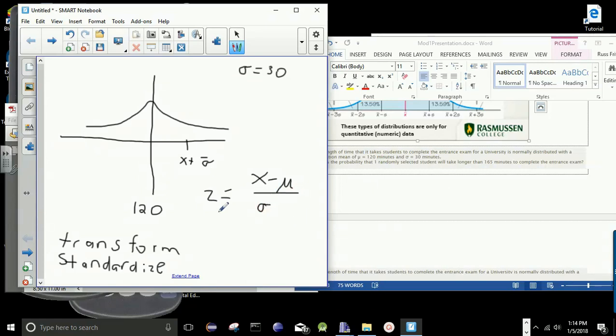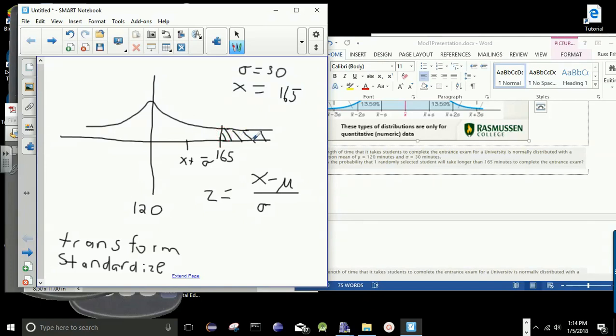In this particular case, x is 165 minutes. So 165 is clearly to the right of 120. So here's the 165. We want to calculate the probability that one randomly selected student will take longer than 165 minutes, so longer than 165 means that it's this area, the shaded region to the right of 165.